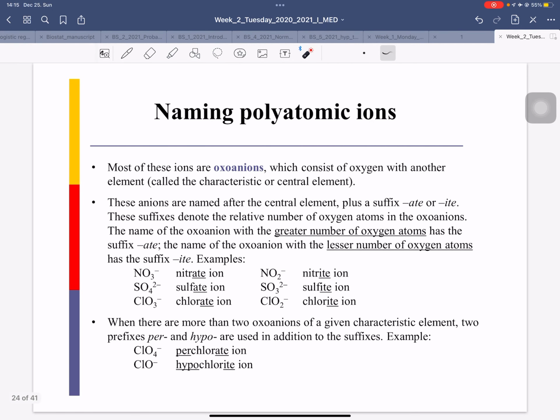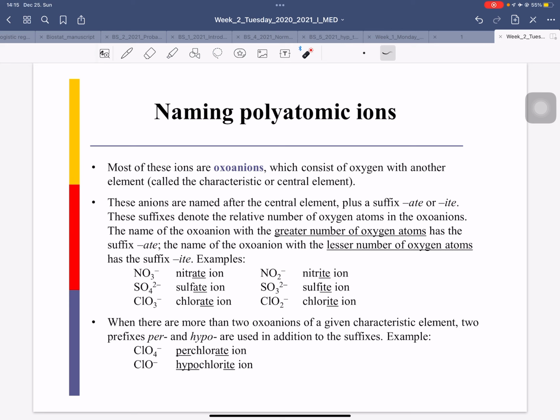As I mentioned, the rule I explained is the same. We can have the suffix -ate for the higher oxidation number, and -ite for the lower oxidation number. Also, we can say -ate for the greater number of oxygen atoms, or -ite for fewer oxygen atoms.